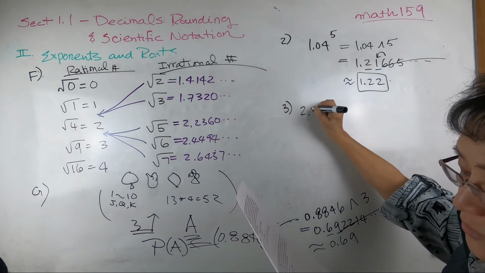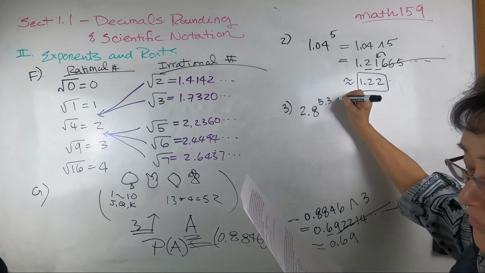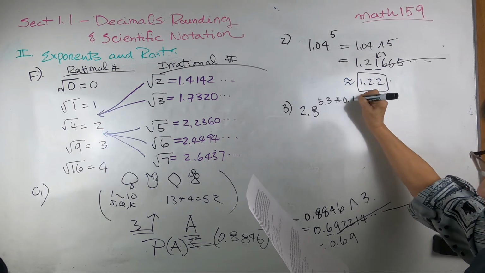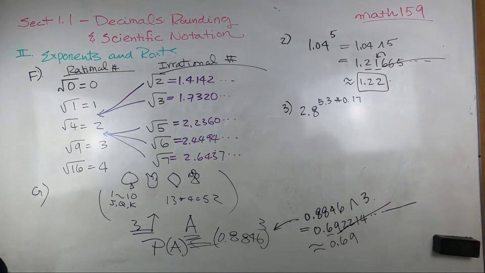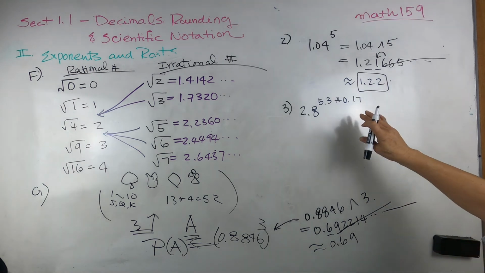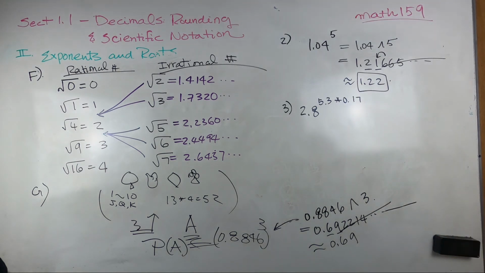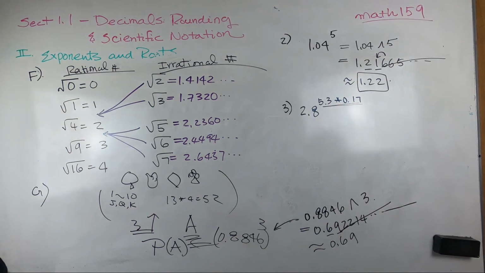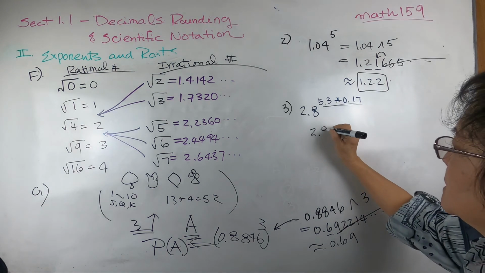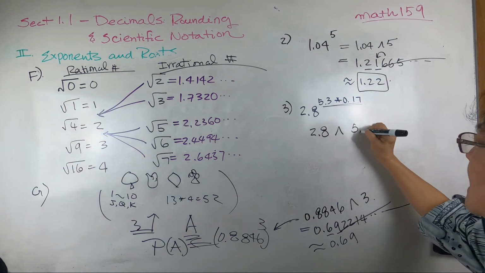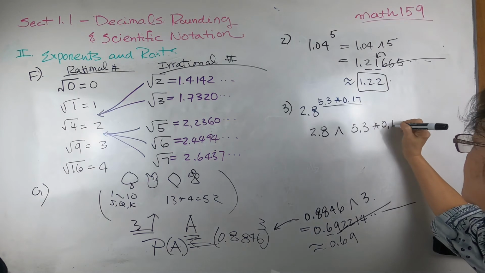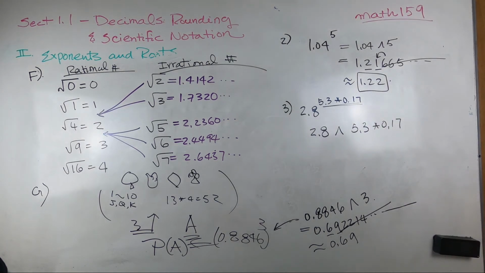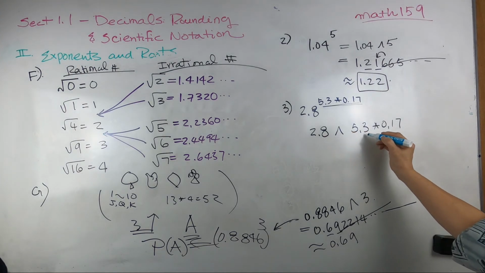And for this one, 0.5, 5.3 times 0.17. So to the power and rounded to the 2 decimal places. So the power, you should do it first, right? So if you do on the calculator to the power 5.3 times 0.17, how will the calculator do it? It will do the power first, then multiply.